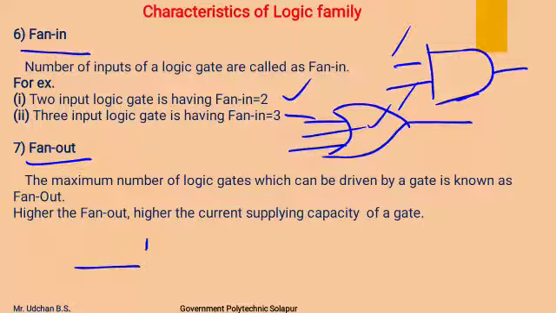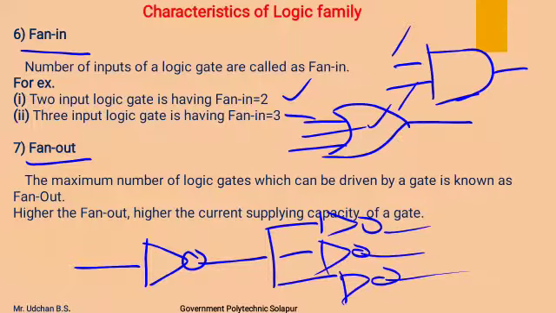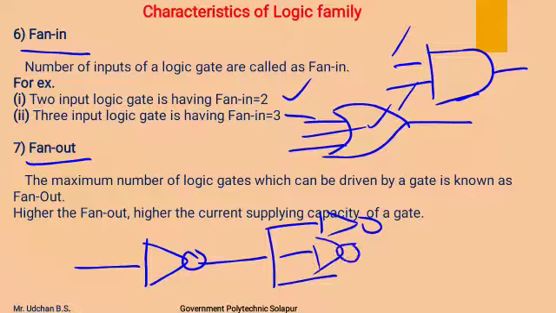Now if I draw a NOT gate which is connected to another 3 NOT gates, in this the single output of a NOT gate is driving 3 NOT gates, which means its fan out is 3. If I would have connected 2 NOT gates to the single output of the previous NOT gate, then its fan out will be 2.